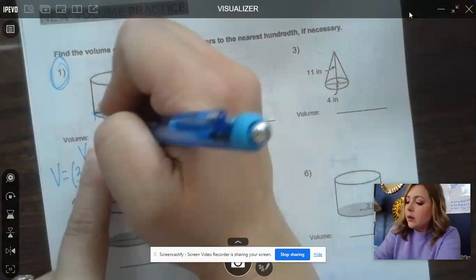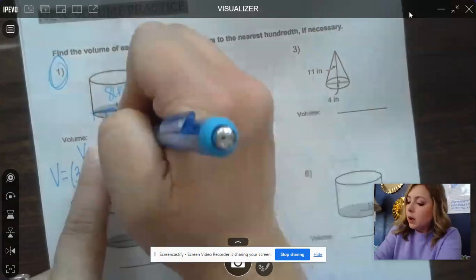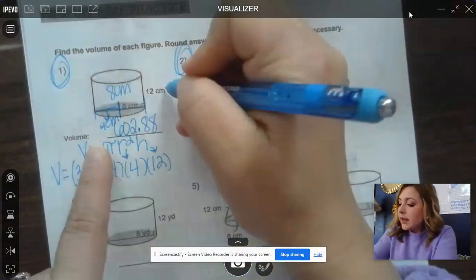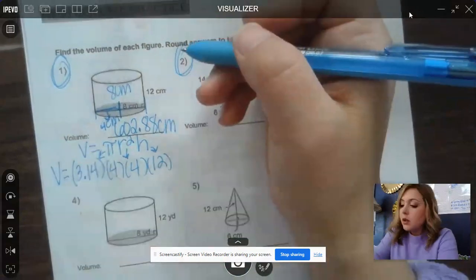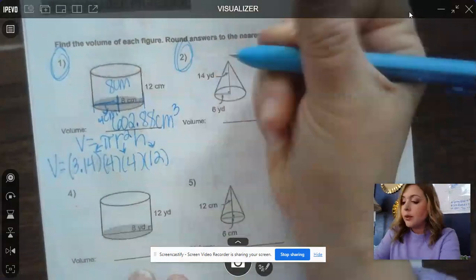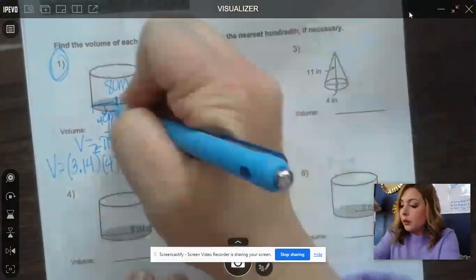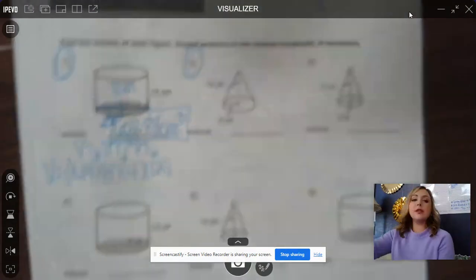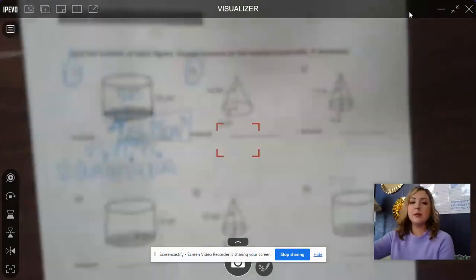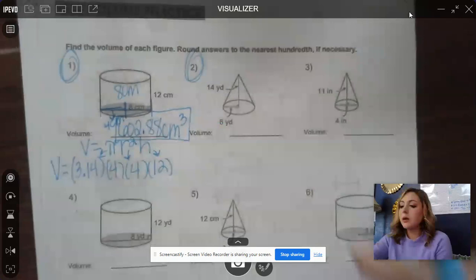So if I have volume equals 602.88 centimeters, this is a 3-dimensional shape. So we're going to make this answer cubed. So volume would equal 602.88 centimeters cubed.